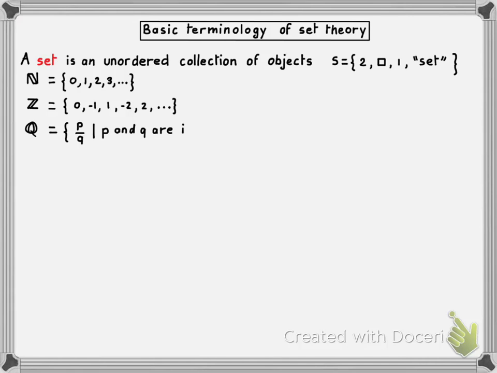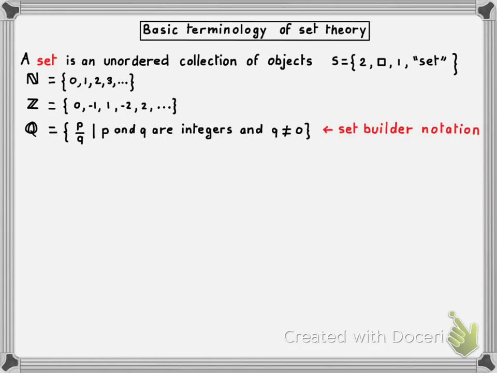Third well-known set is the set of rational numbers. Now here it's interesting, the way we define the set is not by listing its elements. It's by using a special notation called the set builder notation. So here is how you read this notation. It reads like Q is the set of the fractions P over Q such that P and Q are integers and Q is different from 0.